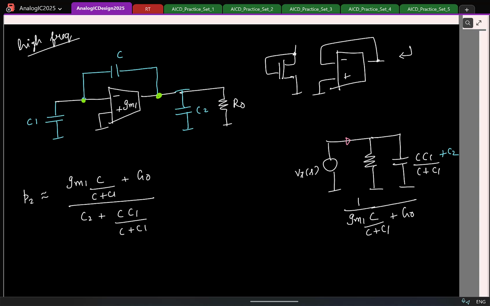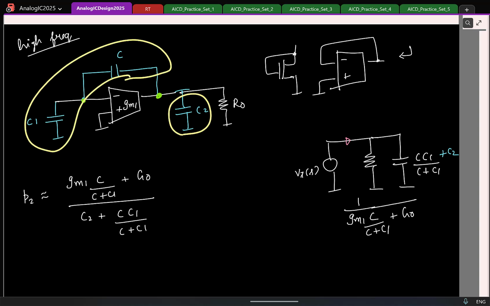Again, you can look at it and write it. I am trying to write the capacitance. So I have C2 here, that is in parallel with the series combination of C and C1. That's why the denominator makes sense. Now if I were to write the conductance, I obviously have the conductance R0 or the G0 term, but I also have a real conductance because this Gm block is put in feedback.